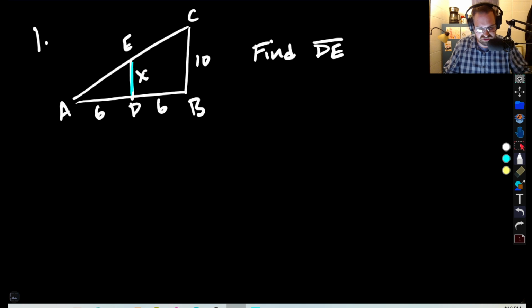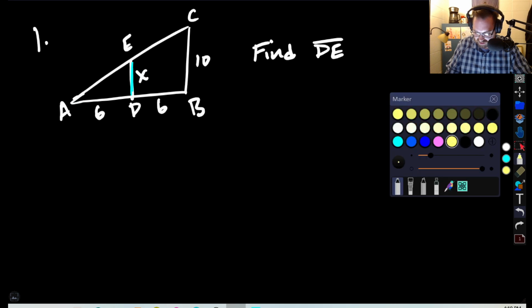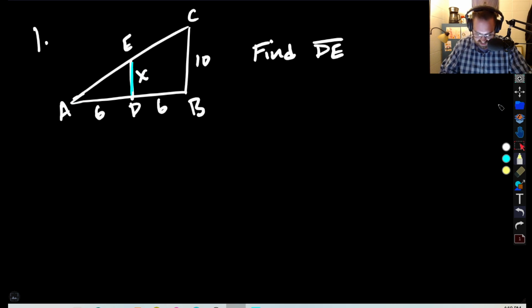Since these two triangles, let me show you really quick. I've got this small triangle right here, and then I've got another larger one like this. Can you see that?